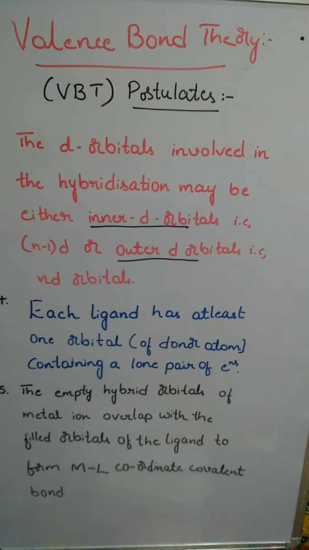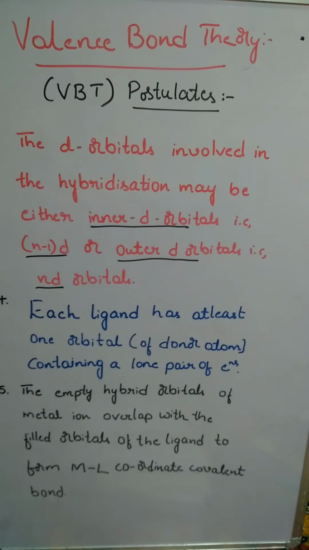If the d orbitals are inner d orbitals, then the complex formed is called an inner orbital complex. If outer d orbitals, that is nd, are involved, then the complexes are called outer orbital complexes. Each ligand has at least one orbital of the donor atom containing a lone pair of electrons.